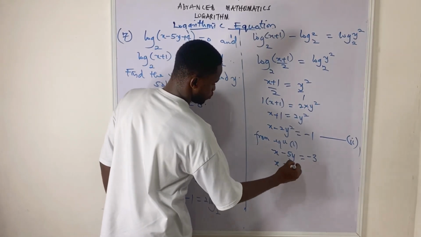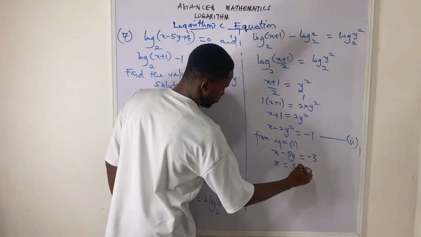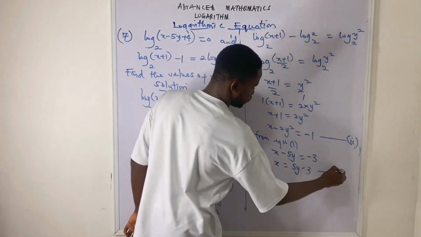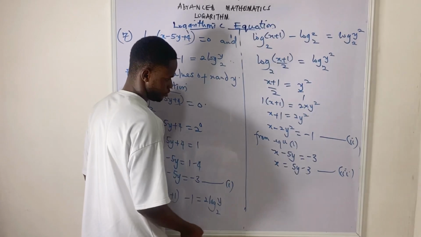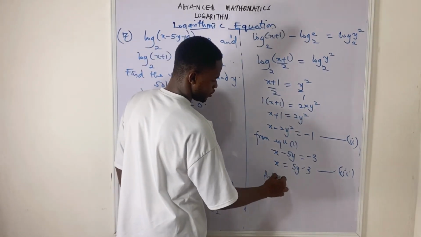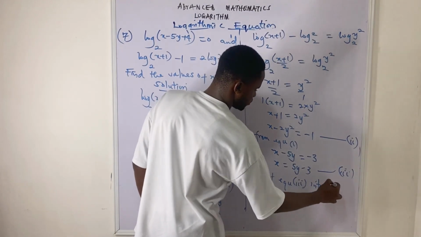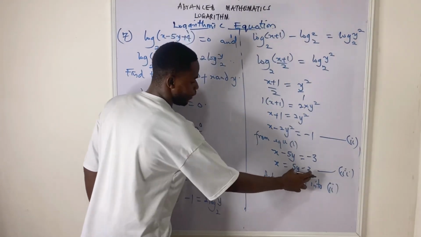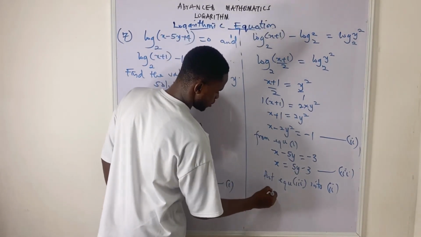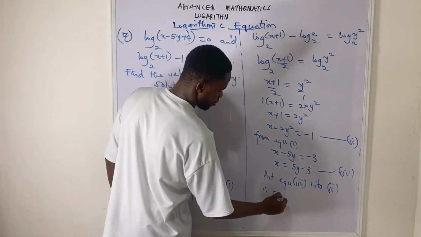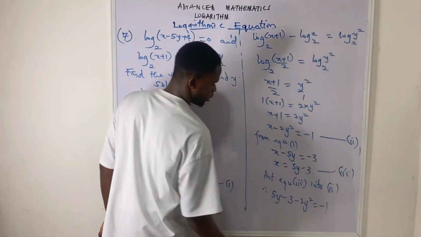So x will be equal to 5y then minus 3. You can call this equation 3. Take this to the other side, it becomes plus. Simply put equation 3 into 2. So anywhere we see x, we put in this value. So instead of x, we simply say 5y minus 3 then minus 2y squared equals minus 1.